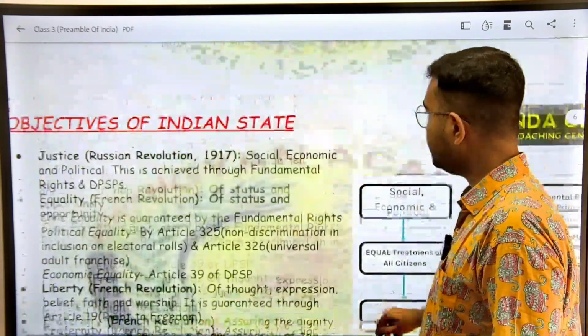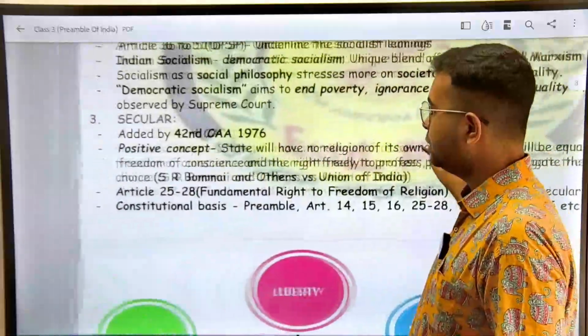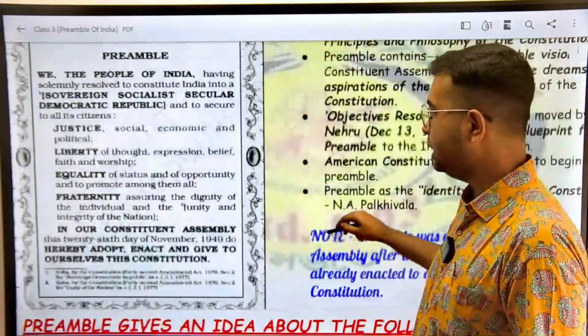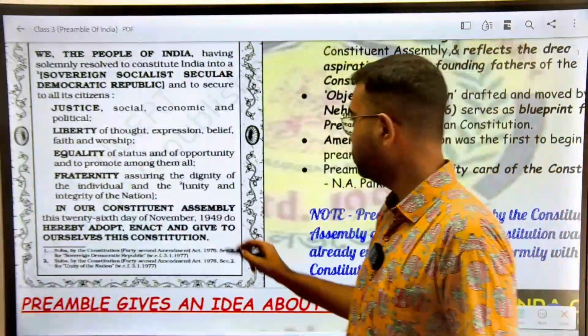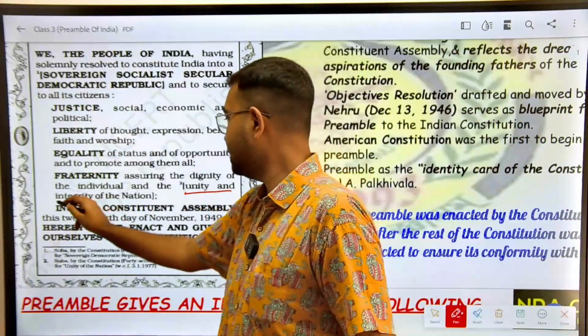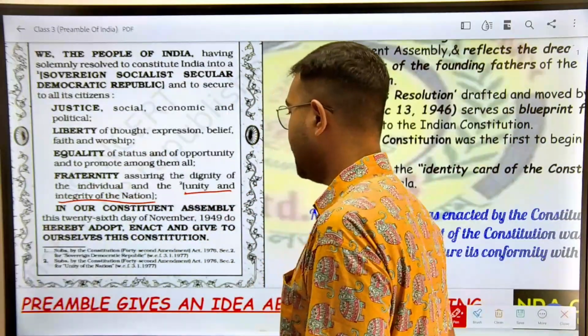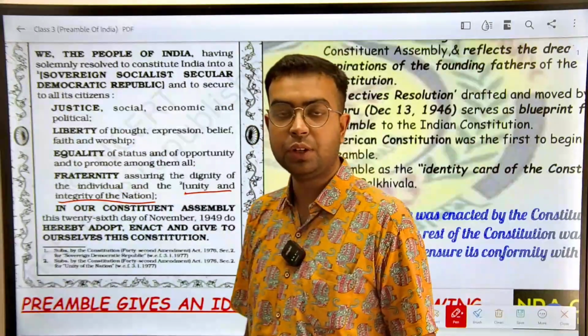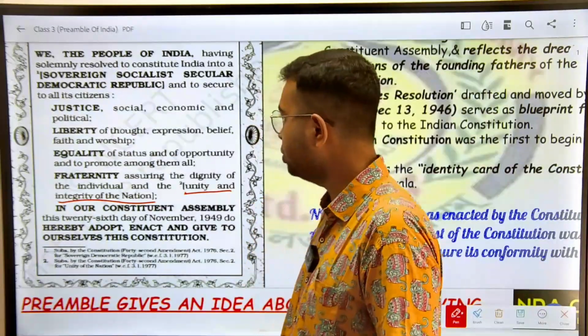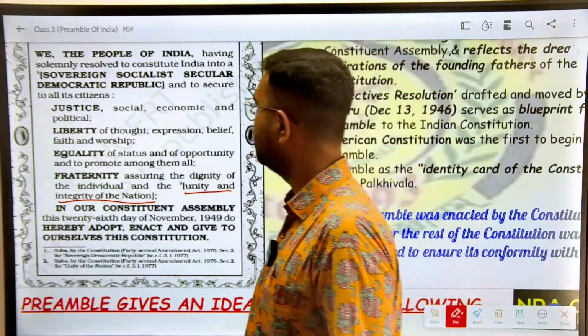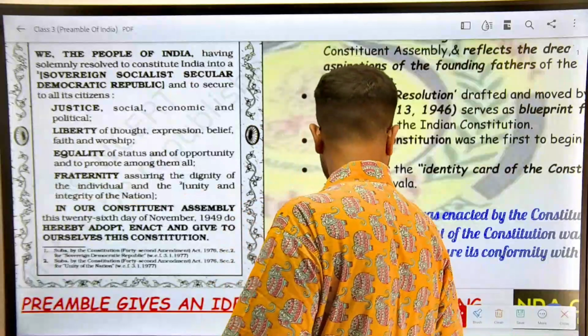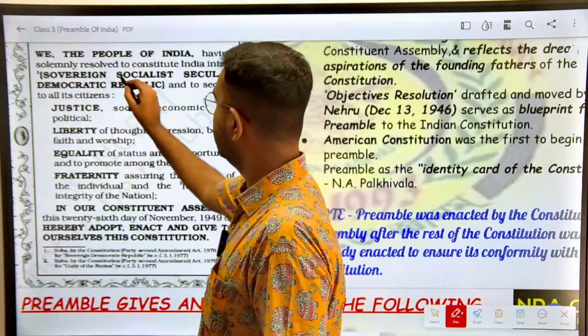Now, if we look here, these words as well, unity and integrity of the nation, have been inserted by the 42nd Amendment Act. Which words were not earlier present in the constitution?